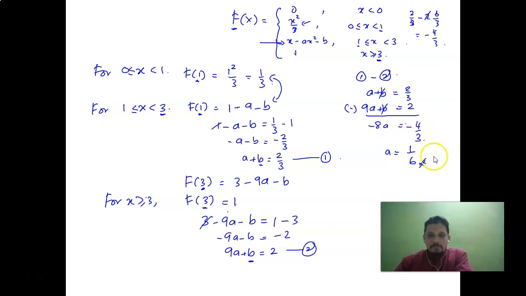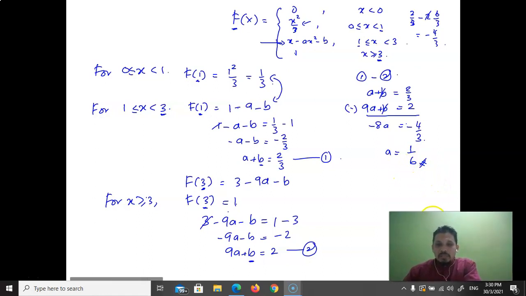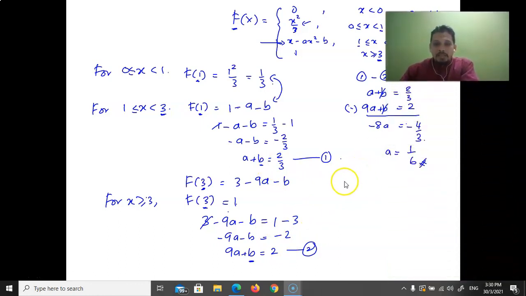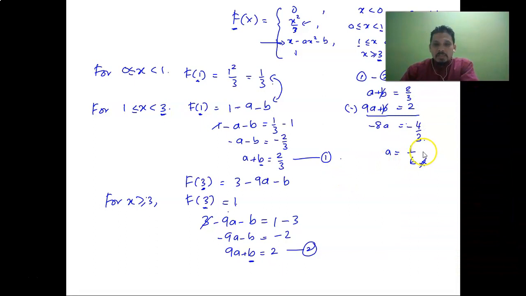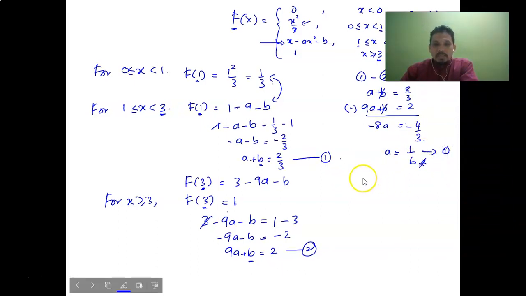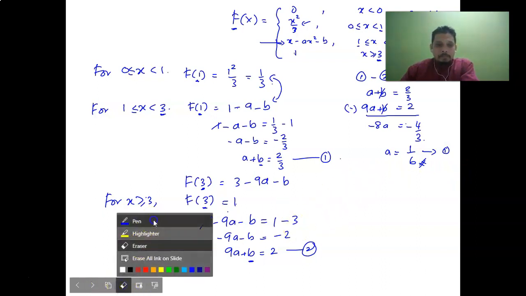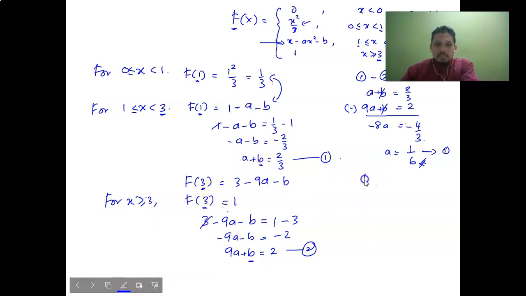Okay, you may try this. When a is 1/6, you may substitute this into either equation 1 or equation 2. It's all up to you. So substitute this into equation 1. A is 1/6, so 1/6 plus b equals 2/3. We use equation 1 here: a plus b equals 2/3.